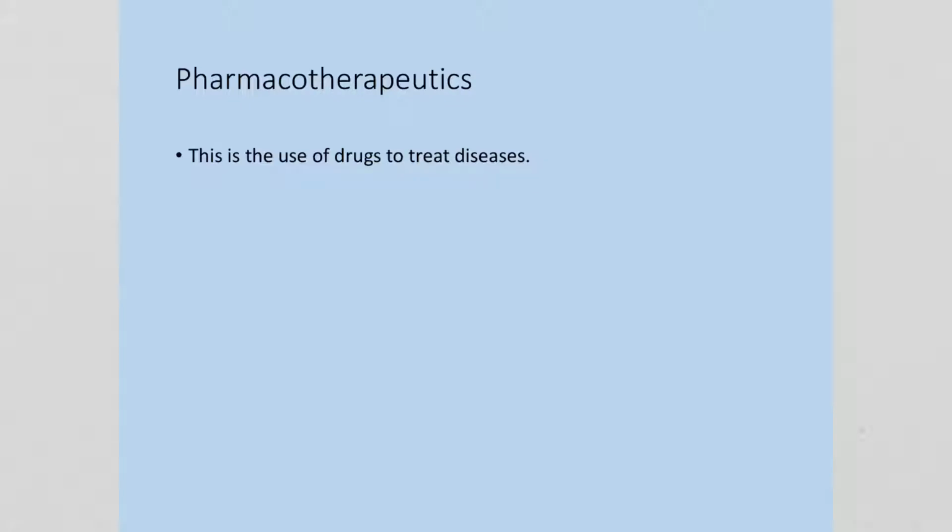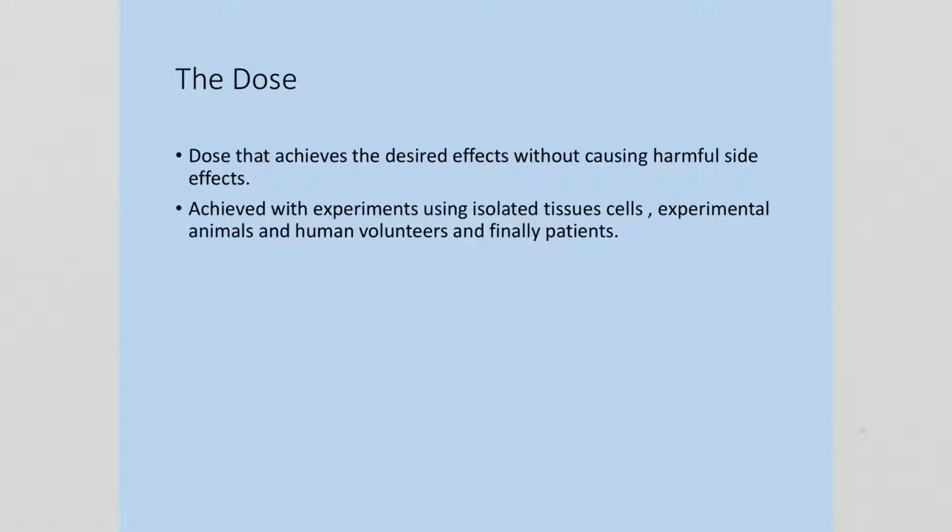Pharmacotherapeutics, as mentioned earlier, is the use of drugs to treat diseases and to lower risk. The dose, clearly, whatever is prescribed to the patient, should be the correct dose, achieving a desired effect, so being therapeutic, without triggering harmful side effects or toxicity.